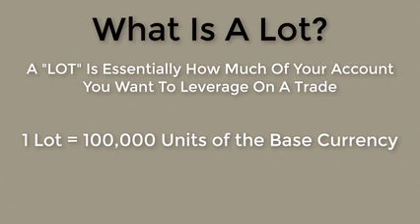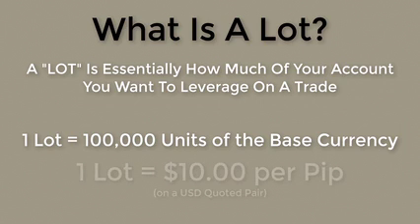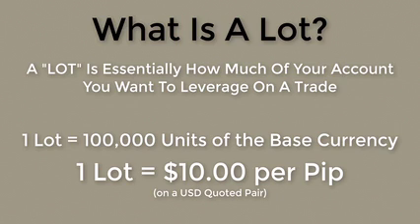A 1 pip movement on Euro USD, on a 1 lot trade of 100,000 units, would equal $10 per pip. So for every 1 pip, which is a hundredth of a penny, it would equal $10 per pip. And what you're doing on that 1 lot trade is leveraging 100,000 units of the base currency. Again, we're talking very small movements, so we need to leverage more of that base currency.